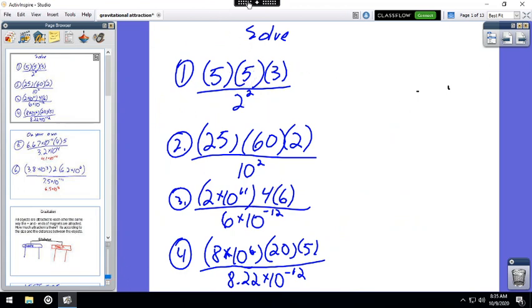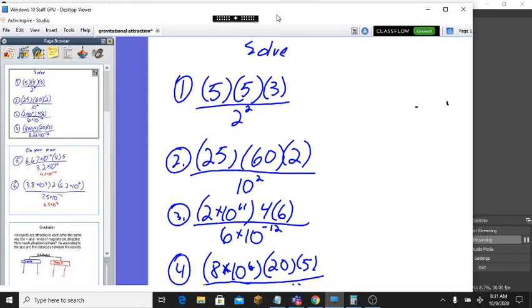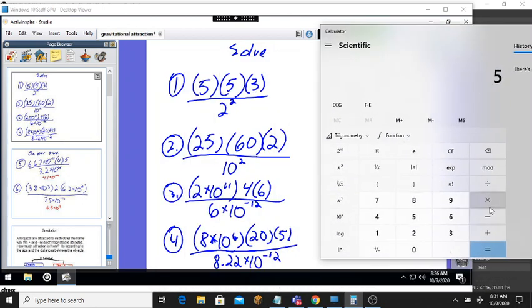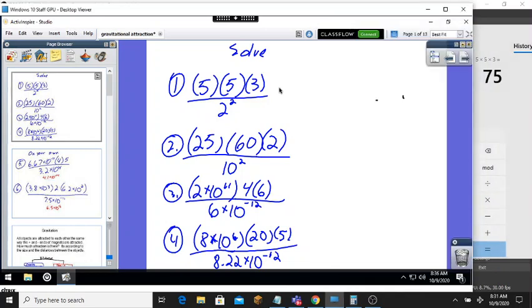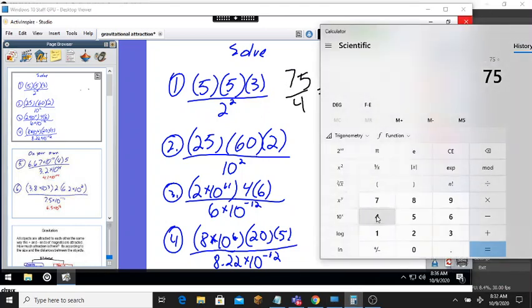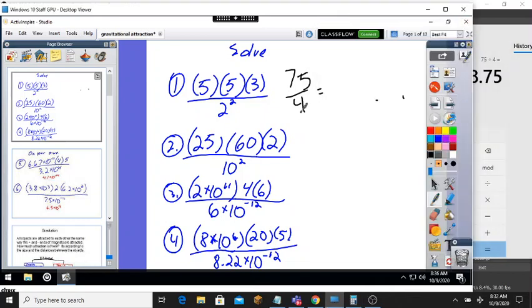Let me adjust the window so that I can have the calculator here. 5 times 5 times 3 gets me 75. 75 over 2 squared, which is 4. 75 divided by 4 is 18.